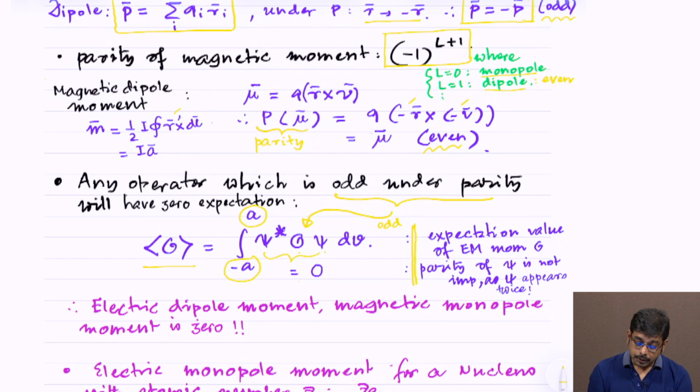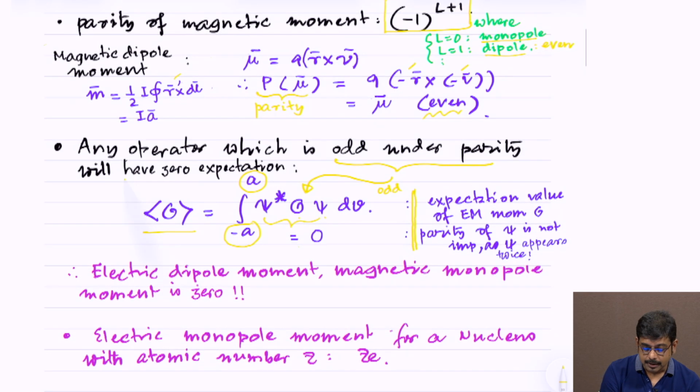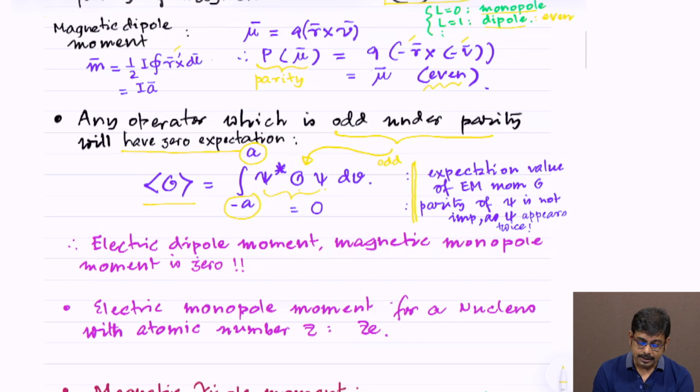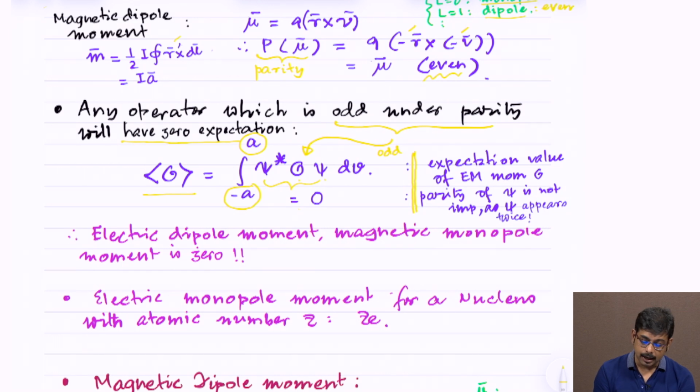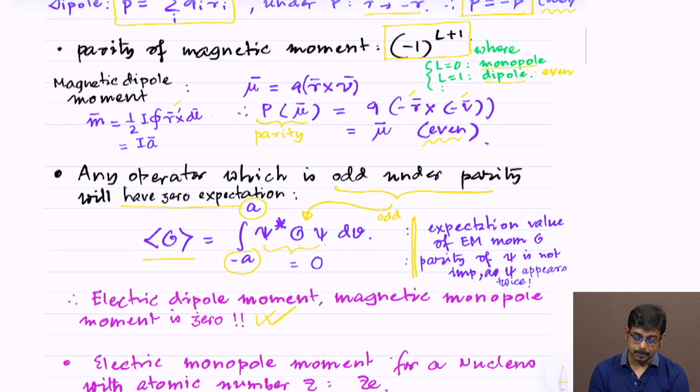Okay. Now, the point is, if this object O for which the expectation value is being evaluated is odd under parity, then it will flip sign for negative spatial dimensions, and so it will go to 0. So, any operator which is odd under parity will have a 0 expectation value, and so you can say that the electric dipole moment or magnetic monopole moment will be 0 according to this property. Okay?